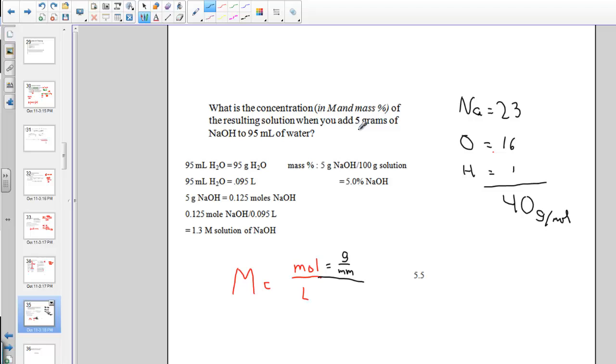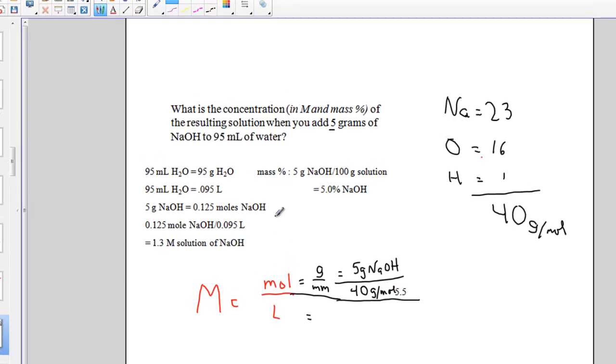So we walked over and we weighed out 5 grams of NaOH. We're going to place that over the molar mass we just found to be 40 grams per mole. By placing the ratio of 5 over 40, we're solving for the term mole. Mole is grams of solute divided by its molar mass. And what about this bottom number, the liters of solution?